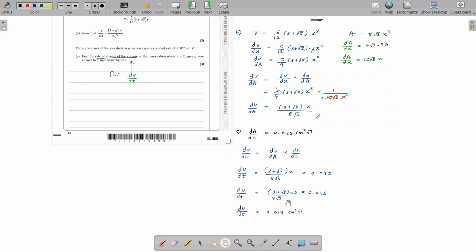They asked for the answer to 2SF and this is the answer to 2SF. Okay, is this clear? I hope it's clear with everyone.